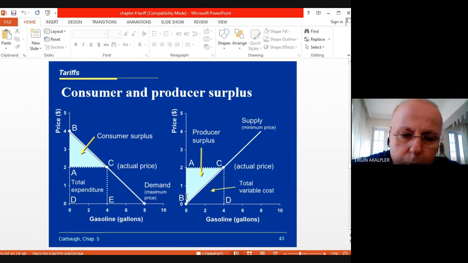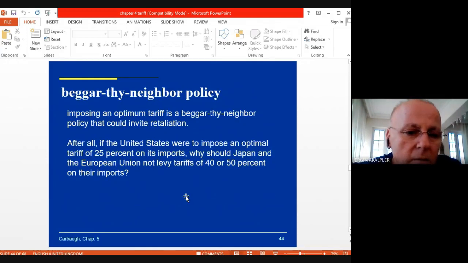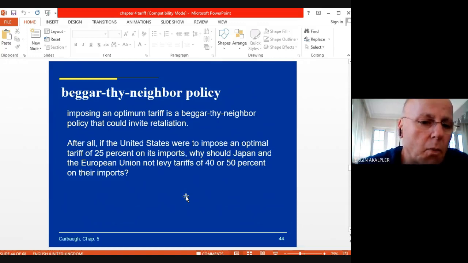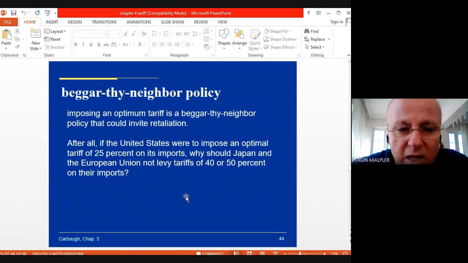We also want to put the government, the so-called state, into this example to see how it is affecting and changing the market. A very popular statement is that a beggar-thy-neighbor policy is not good, because imposing an optimum tariff is a beggar-thy-neighbor policy that could invite retaliation.